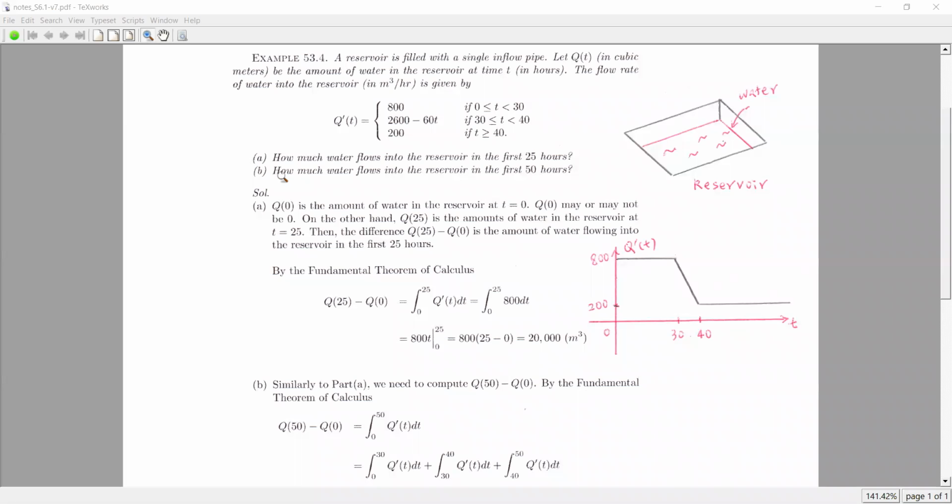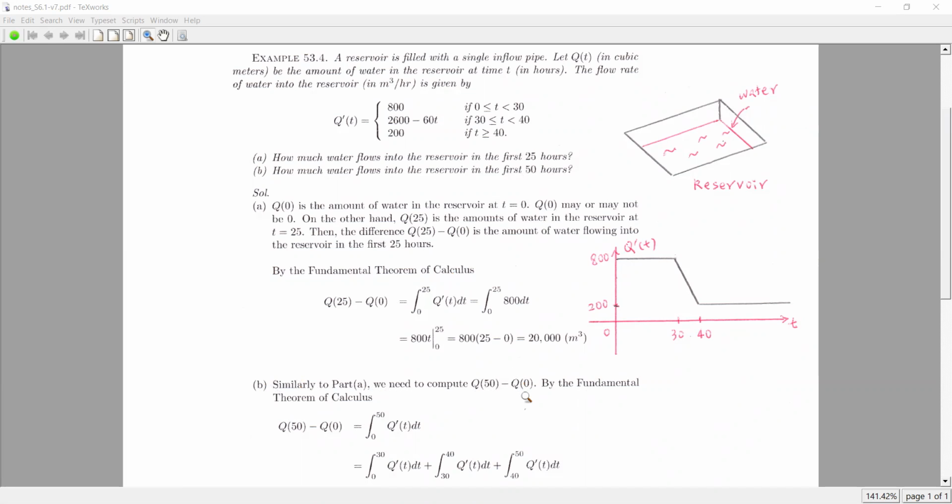Part B, how much water flows into the reservoir in the first 50 hours? In part B, we need to compute this difference. Q of 50 is the amount of water in the reservoir when time is 50.